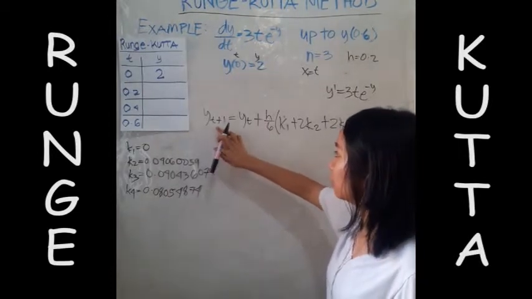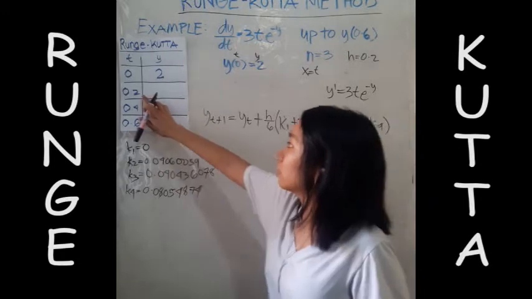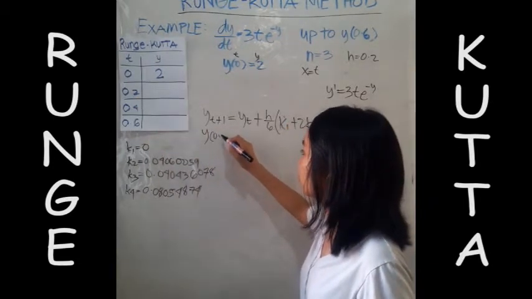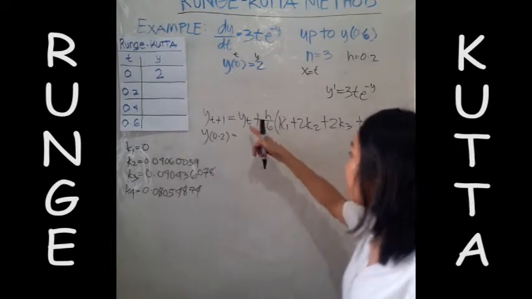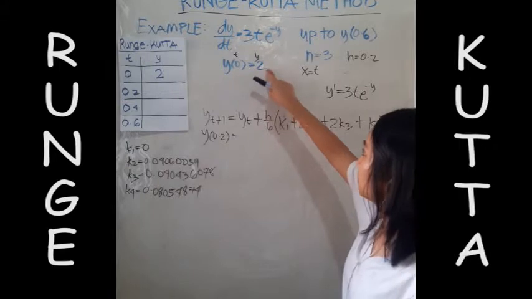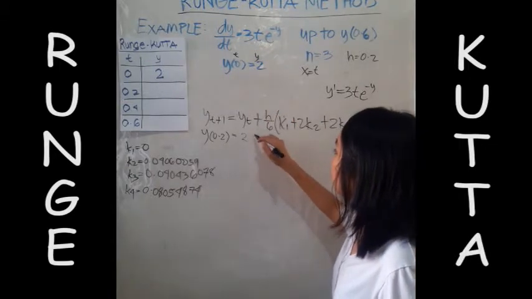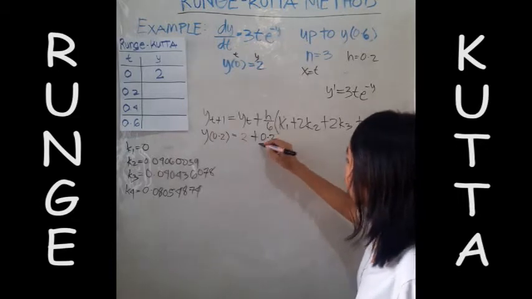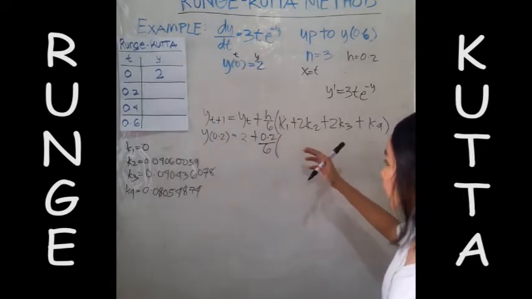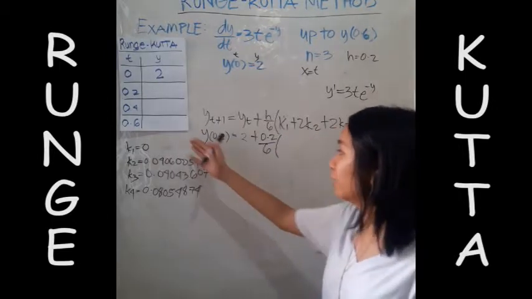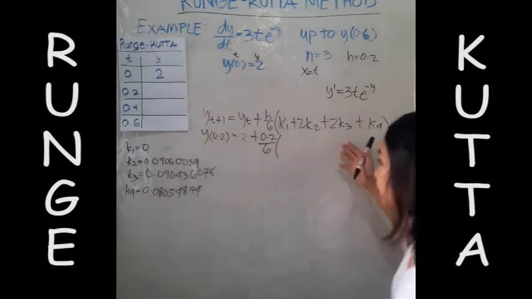So our t plus 1 is 0.2 and our y t is equal to 2 plus our h, which is 0.2, over 6, and we are going to substitute the values of k here.